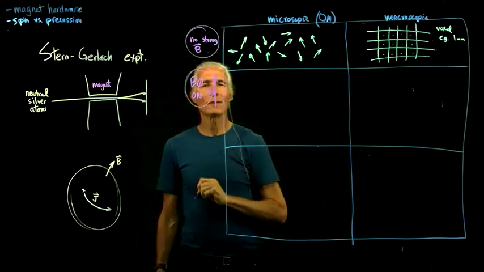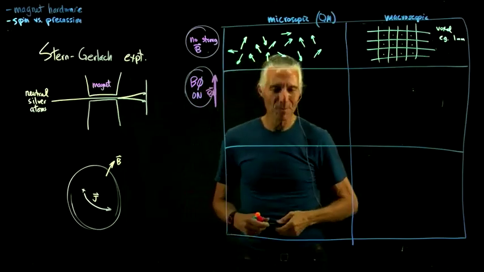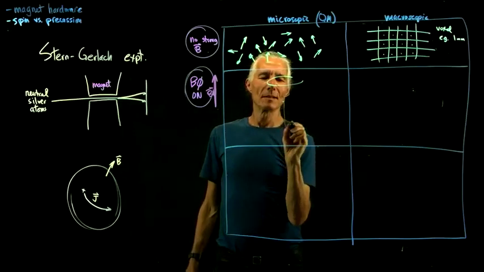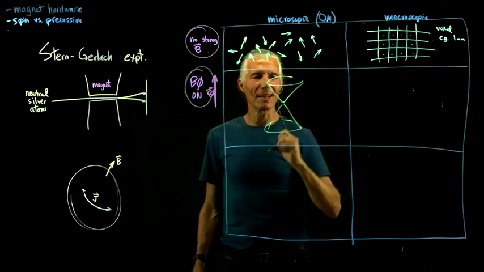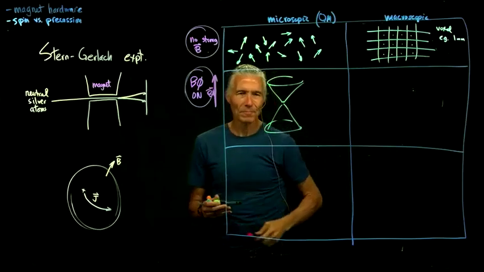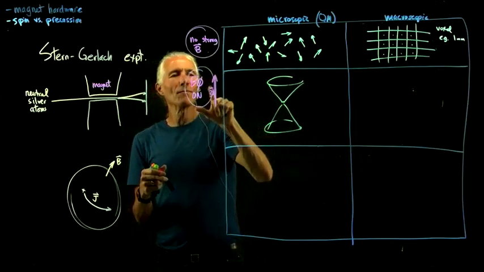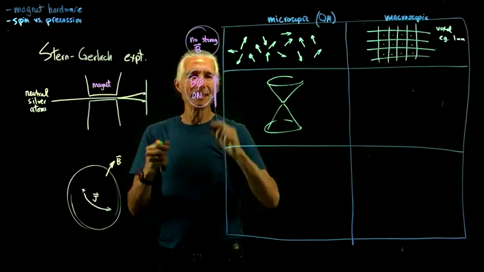That's the B0 vector. Now weird quantum things happen, and we can draw this by two little cones like that. When you go into the magnet, it takes about a full second for this to happen. You get slightly magnetized.